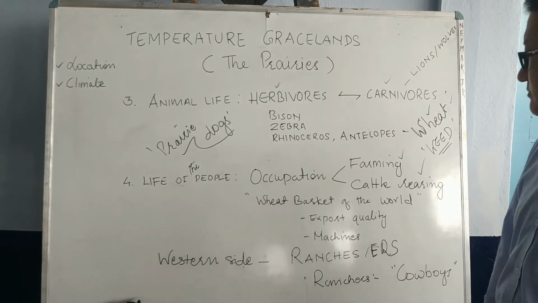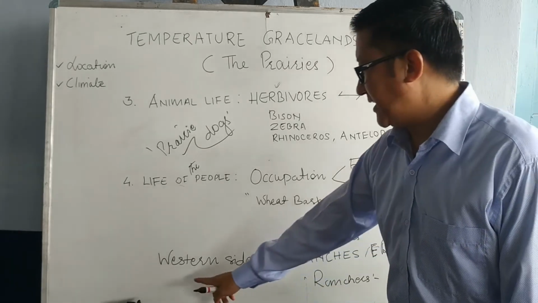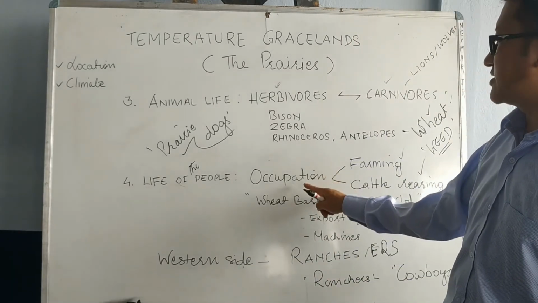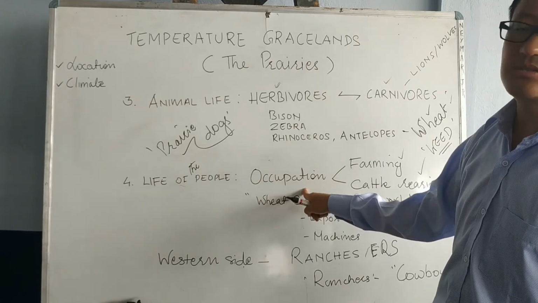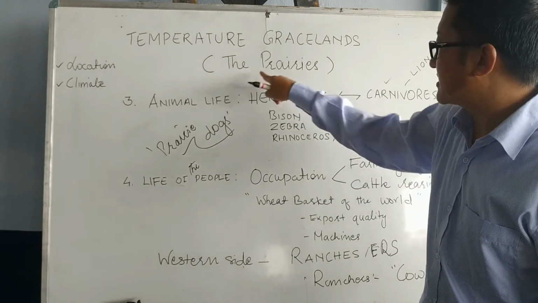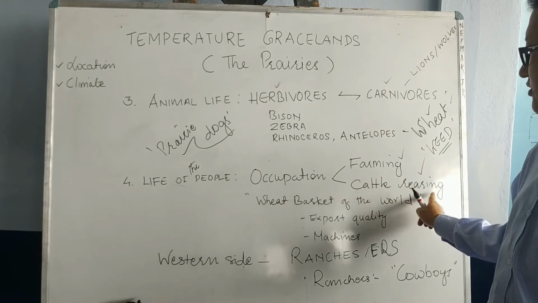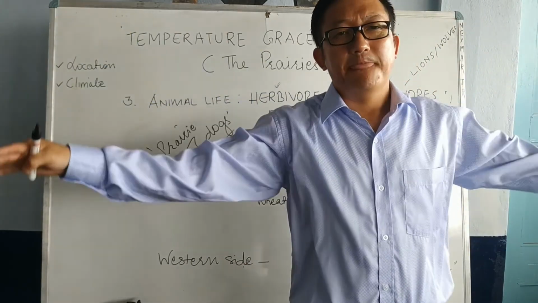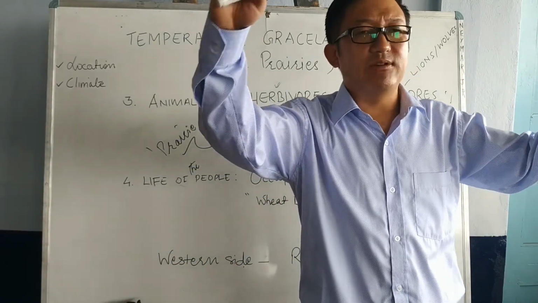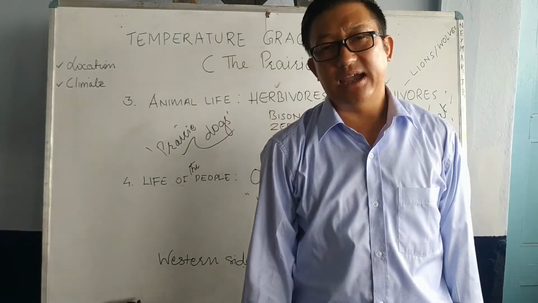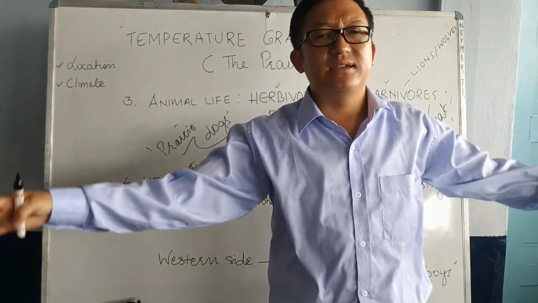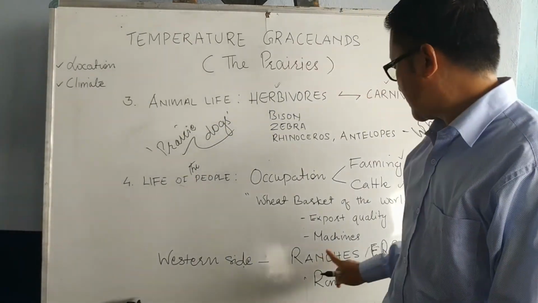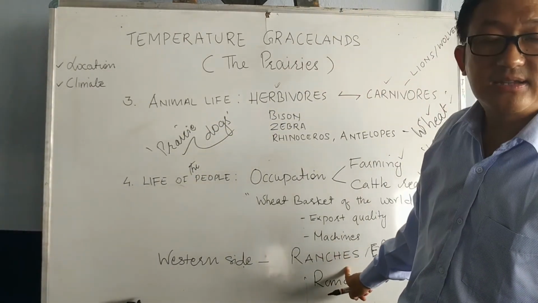Then at the end, we talked about another occupation of the people of this country, that is cattle raising. They rear cattle. They occupy a huge area, and they barricade it and keep their animals. This huge area is called a ranch. I told you, mind the spelling.